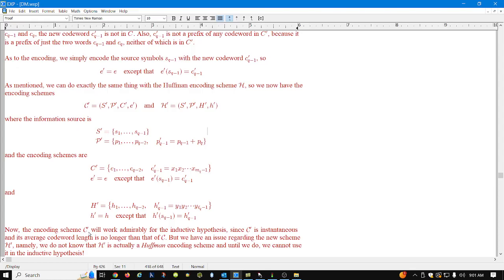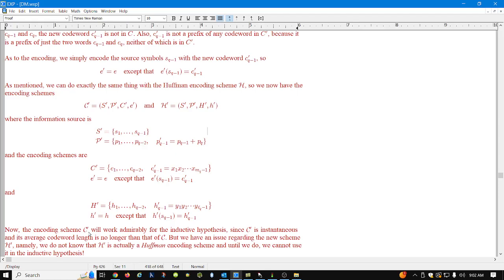And that's because C prime is instantaneous and its average code word length is no longer than that of C. And I'm going to leave that for you to think about until it seems clear to you.